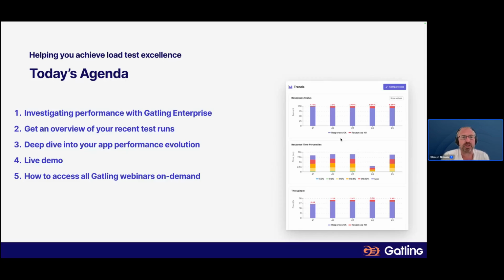And then at the end, we'll talk real briefly about how you can access all the Gatling webinars on demand in case you miss one or you want to go back and look at some of our earlier webinars to learn more about different features or how to do different things with Gatling.